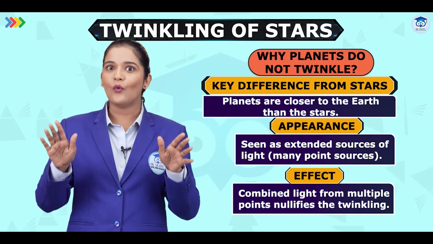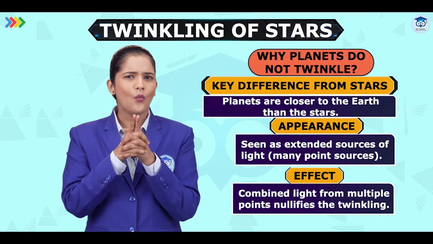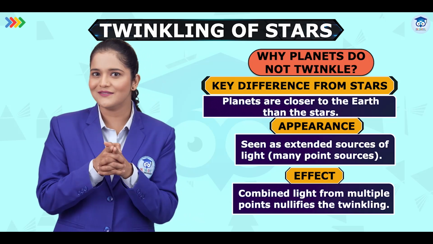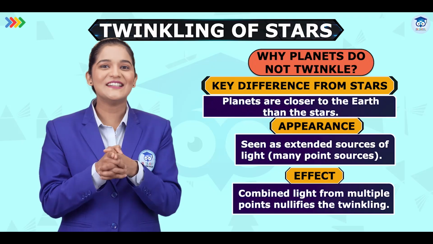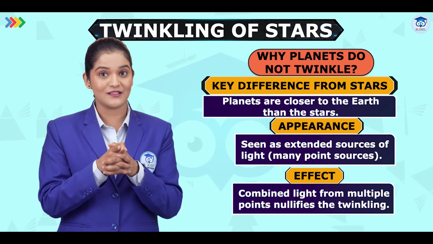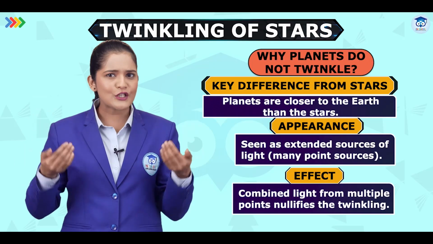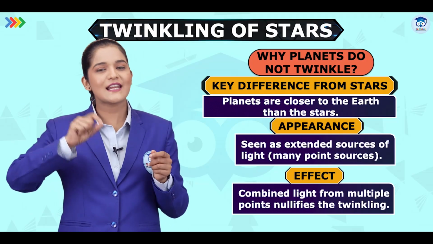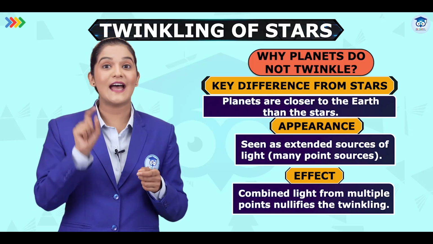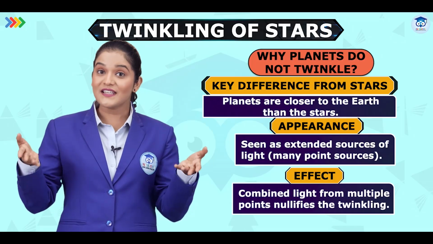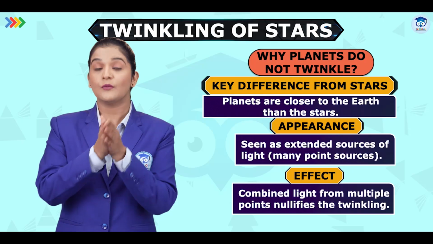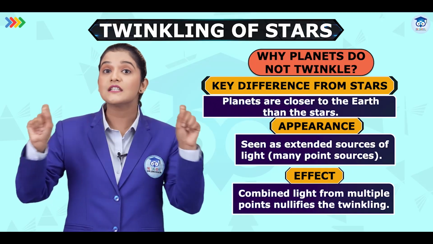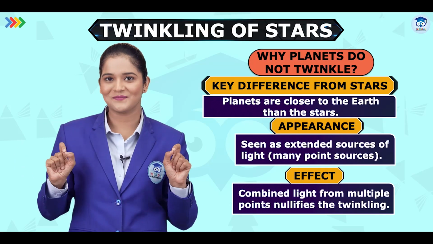Now, the question arises, why do planets not twinkle? The answer lies in their proximity to Earth. Planets are much closer to us than stars, and they appear as extended sources of light, not as single points. This means the light we receive from a planet comes from multiple closely packed points.